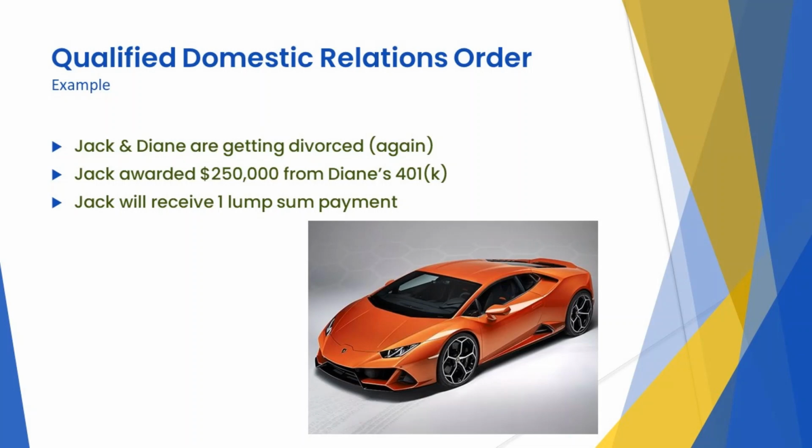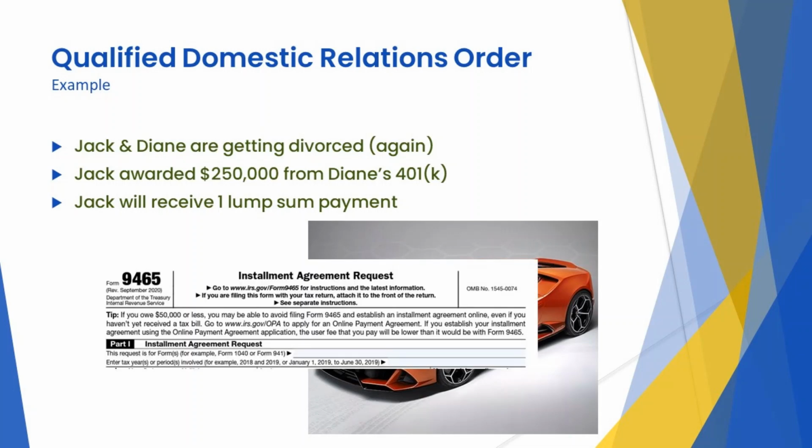As long as the money is in Diane's 401k, Jack is an alternate payee, which is one of the requirements. The remainder of the money stays in Diane's 401k, and she continues to contribute and grow her retirement plan. Although he isn't subject to a 10% penalty, Jack ends up on an IRS payment plan because he forgot to factor regular income taxes with the new single filing status into his master plan.